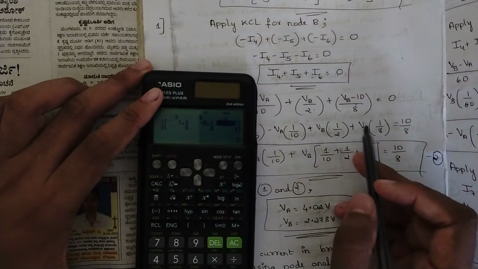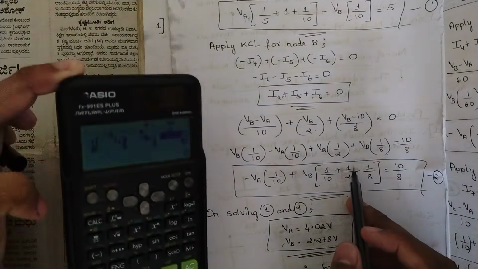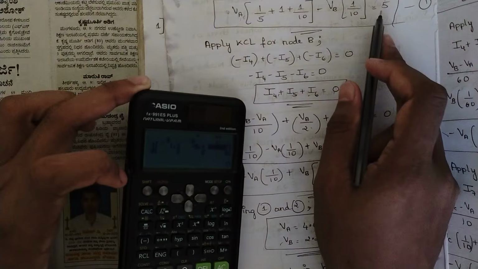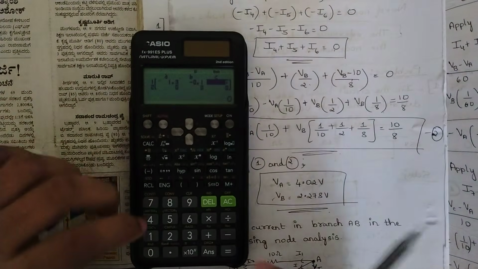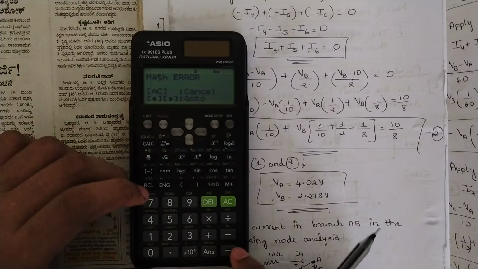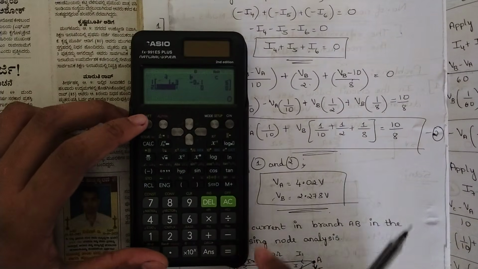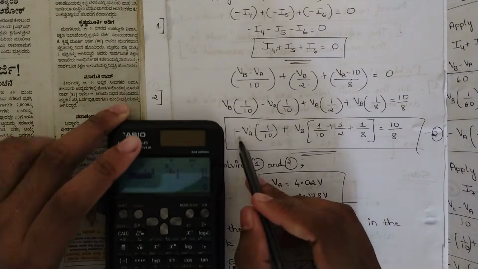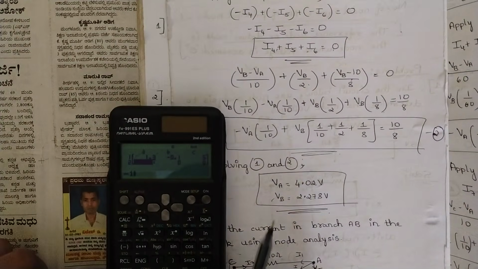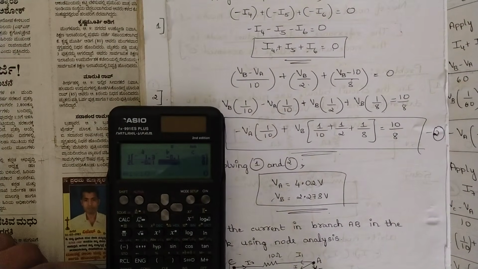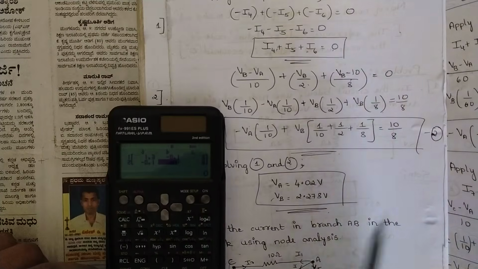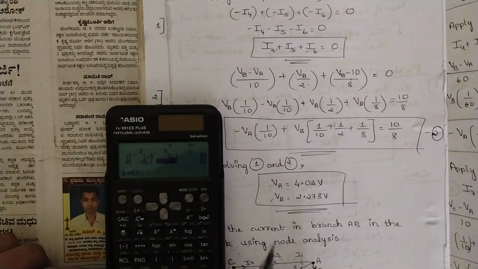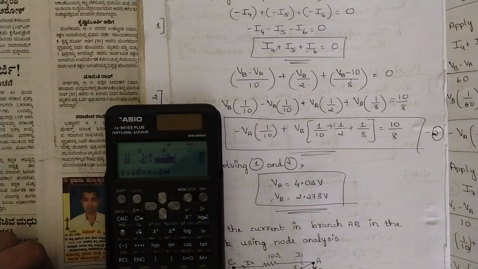Then here we have 5, plus 5. Next, here we have minus 1 by 10 again. Then 1 by 10 plus 1 by 2 plus 1 by 8.